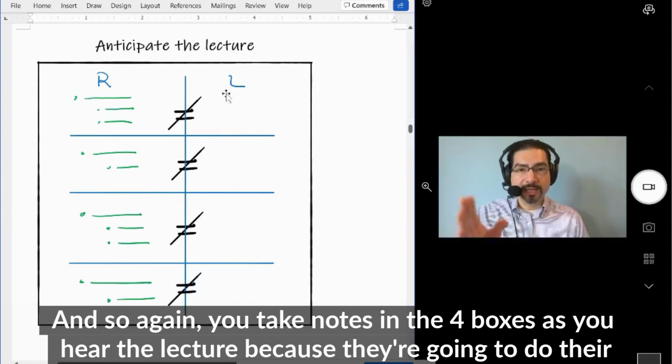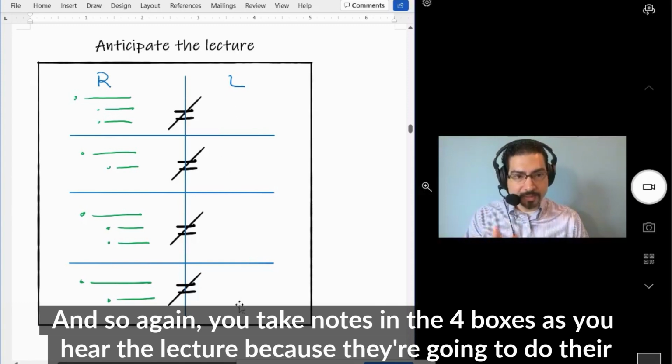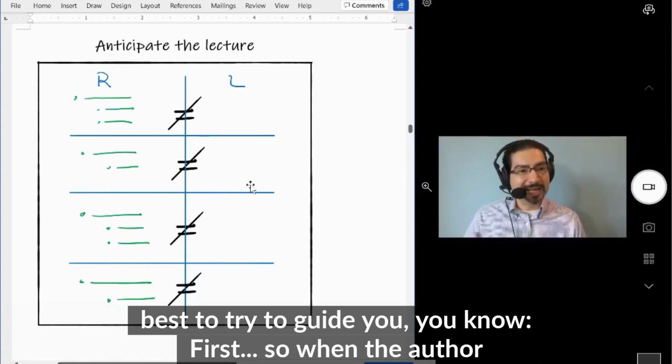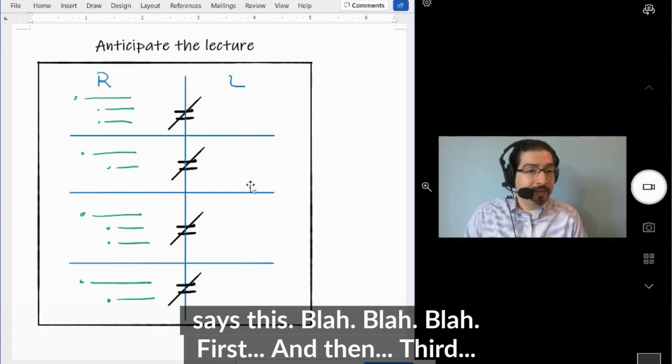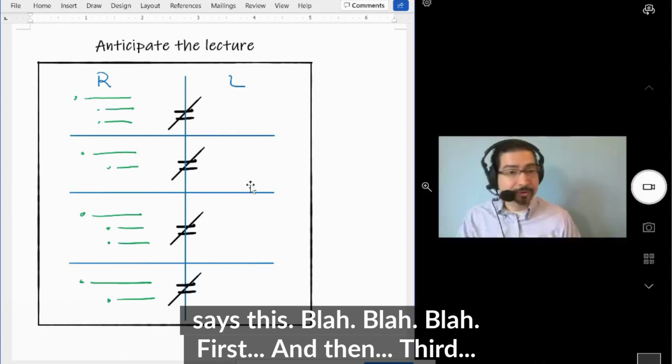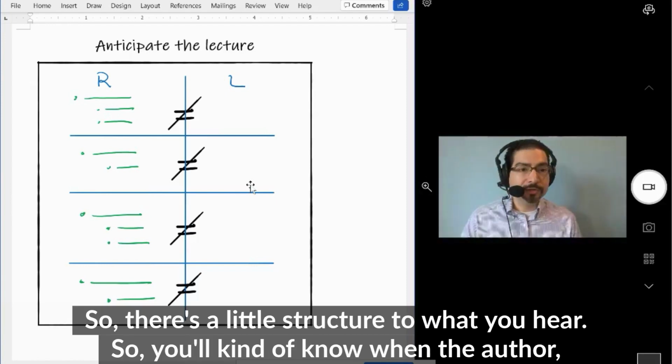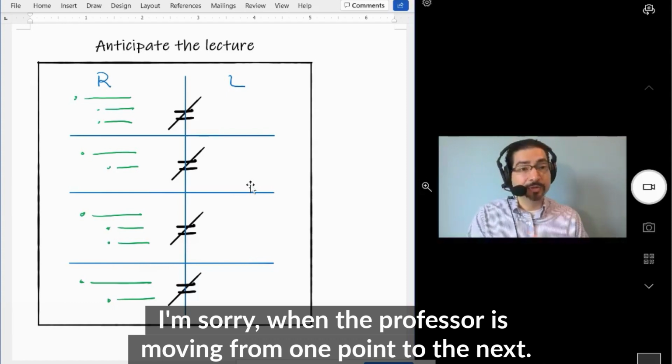And so again, you take notes in the 4 boxes as you hear the lecture, because they're going to do their best to try to guide you. First, and then third, so there's a little structure to what you hear. So you'll know when the professor is moving from one point to the next.